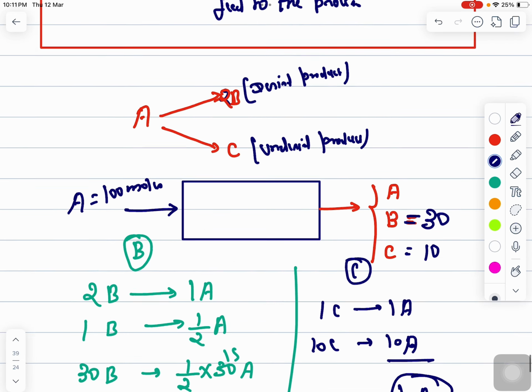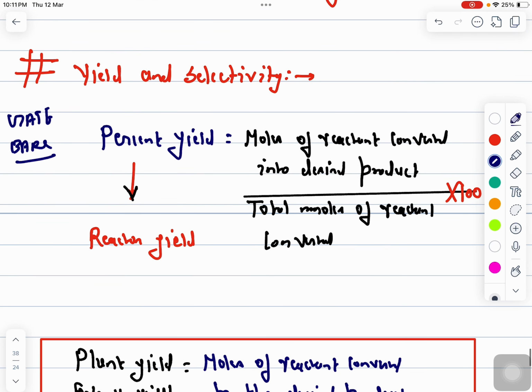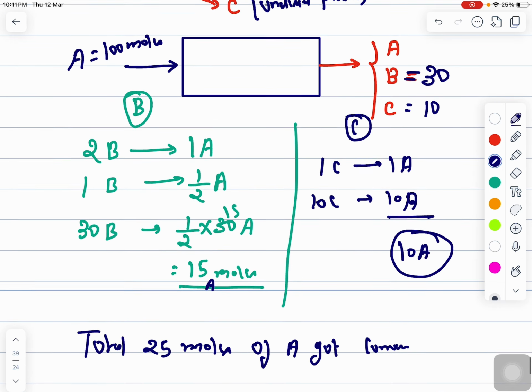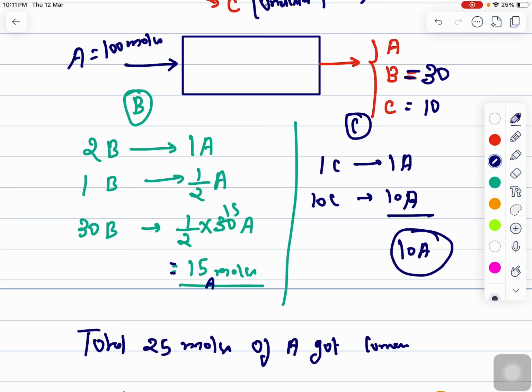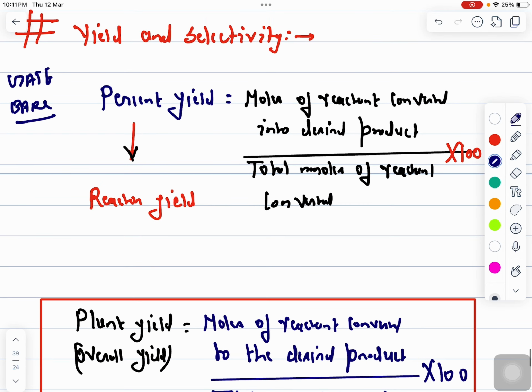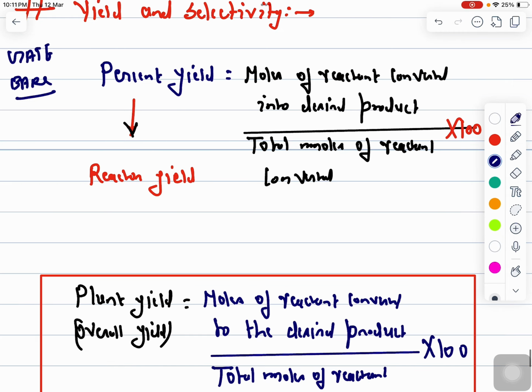In percentage yield, the formula is moles of reactant converted into desired product. Our desired product is B, and for the conversion to B, how many moles of A were required? That is 15. So I'll put moles of A converted to B divided by, the formula is, total moles of reactant converted.